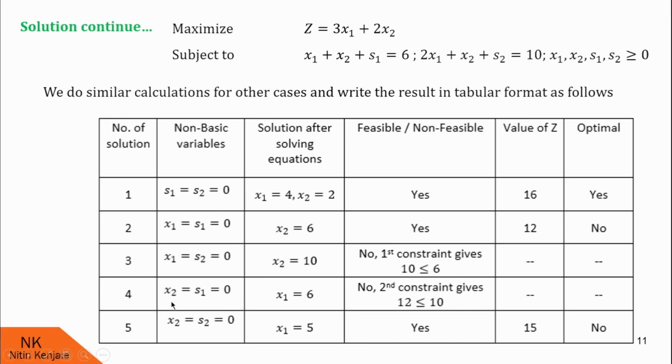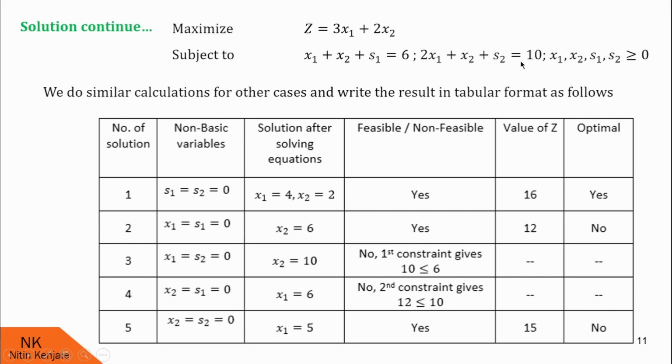On similar lines, we are going to see what happens when we choose x2 and s1 equal to 0. We will put x2 and s1 equal to 0 into these two constraints and we will solve them. We see the solution is x1 is equal to 6 and it is not feasible because it does not obey those conditions. In the next case, we put x2 and s2 equal to 0 in these constraints. So this equation will turn into 2x1 is equal to 10.